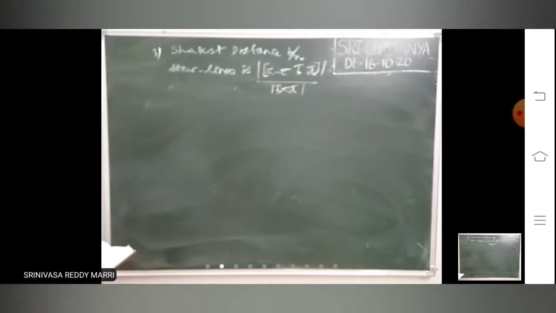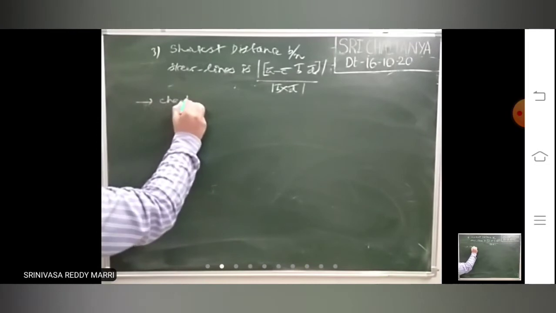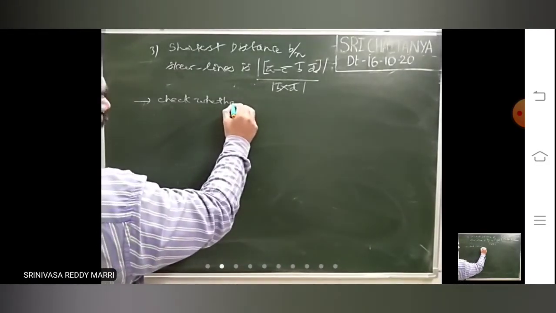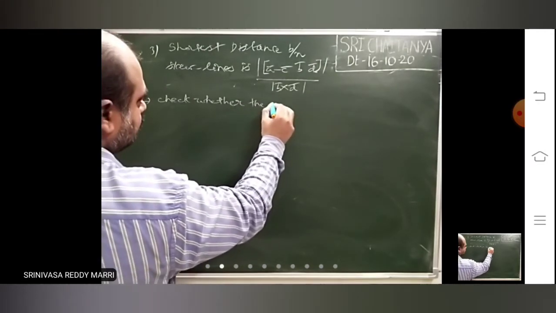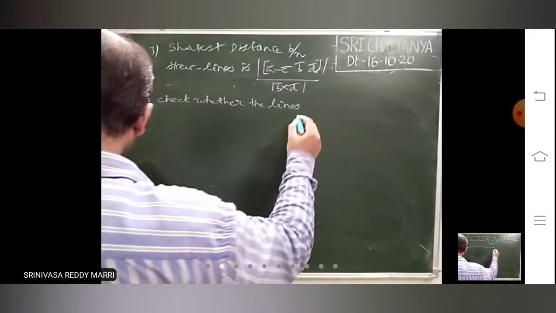Take one problem. Check whether the two lines given to you are skew or not, and find the shortest distance between them.